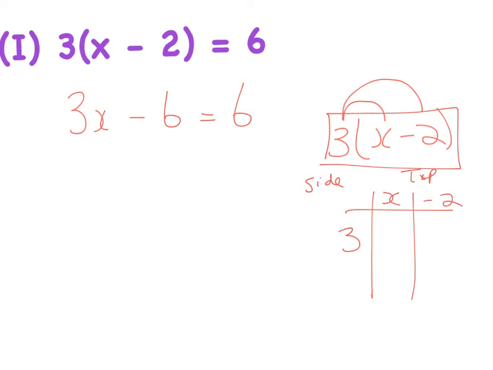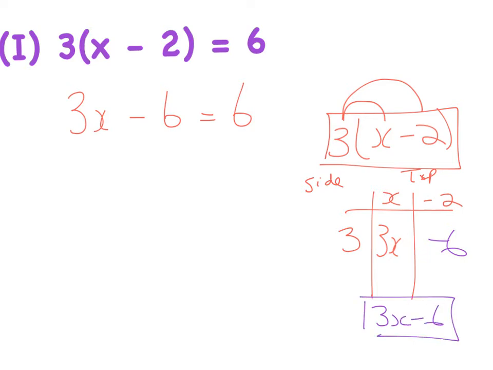And 3 times x gives me 3x, and 3 times minus 2 gives me minus 6. So 3x minus 6 is the answer there.